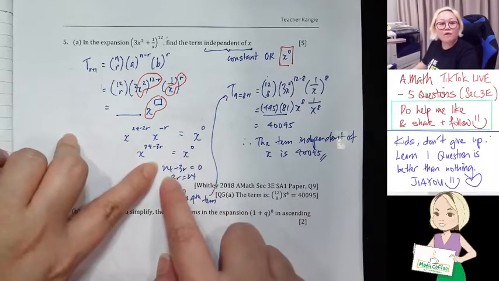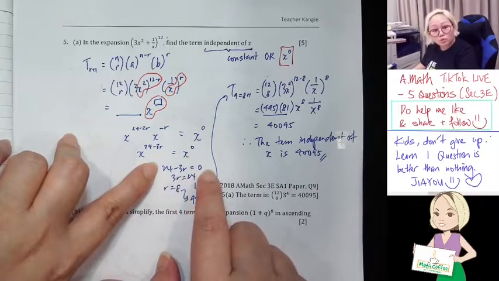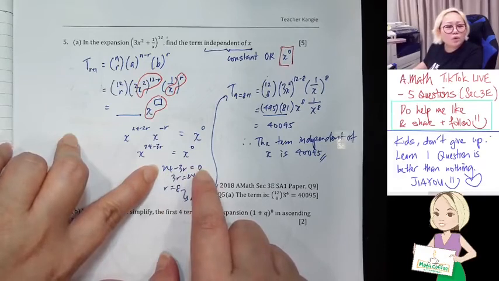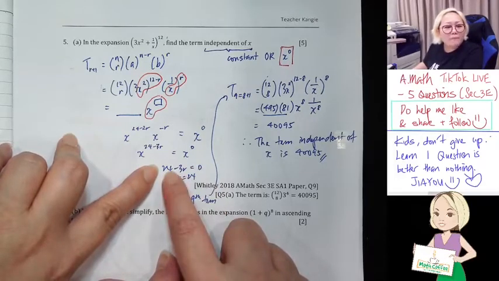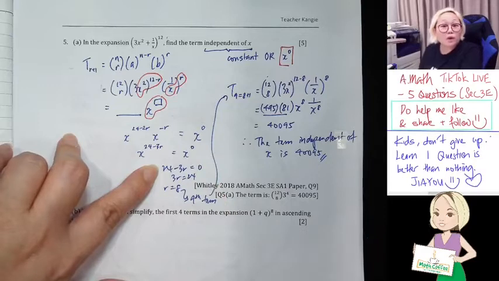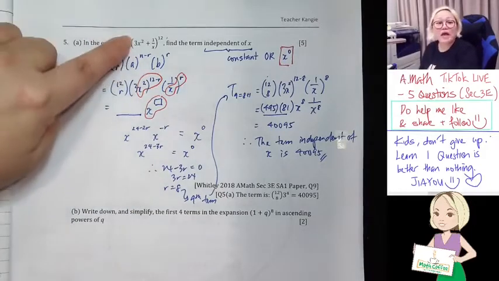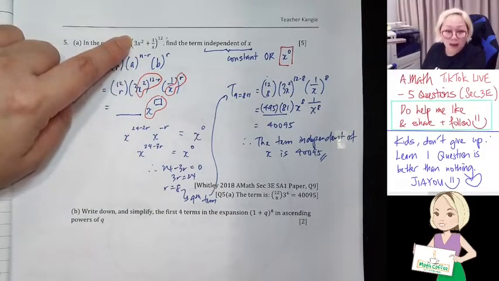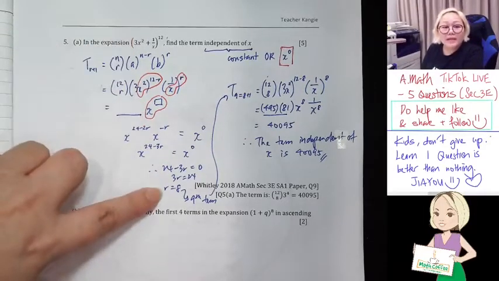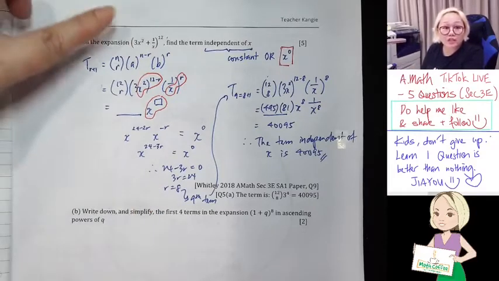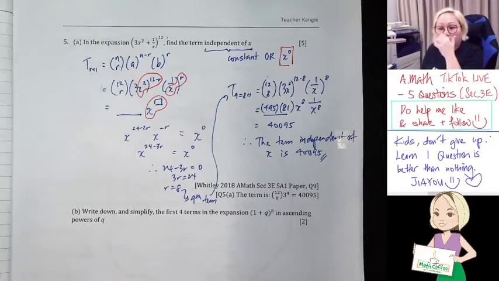Then you will have 24 minus 3r equals 2. But 24 minus 2 is 22, and 22 cannot be divided by 3. 22 divided by 3 doesn't give me an integer. So what does that mean? It means that in this expansion, there is no term that is x squared. Understand? Only when you get a nice integer does it mean that I have that term inside this expansion. All good?